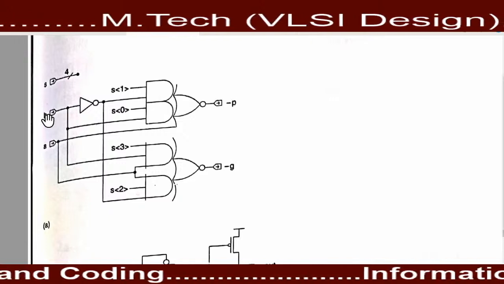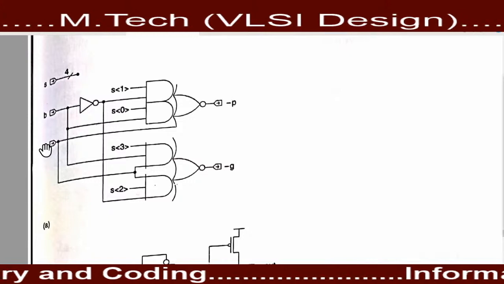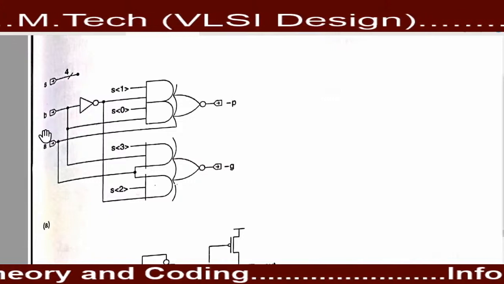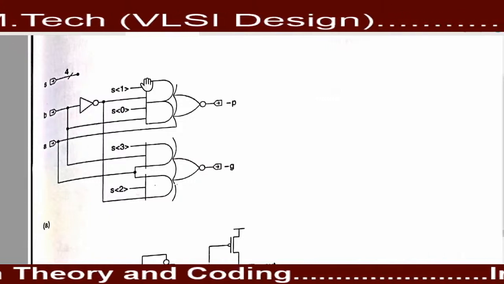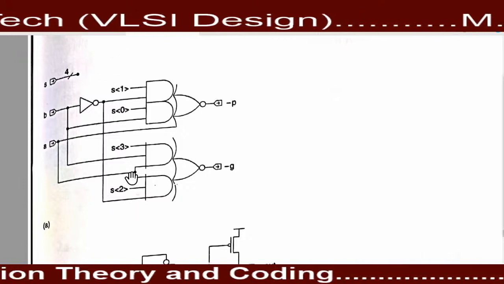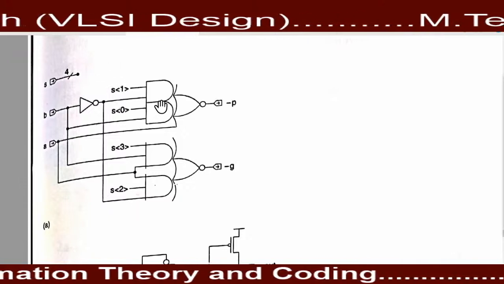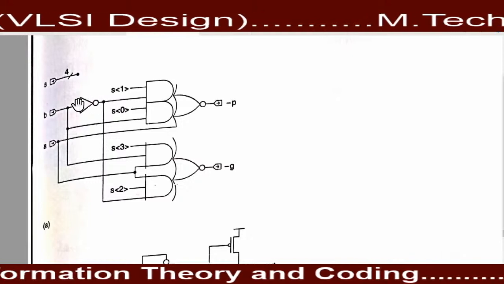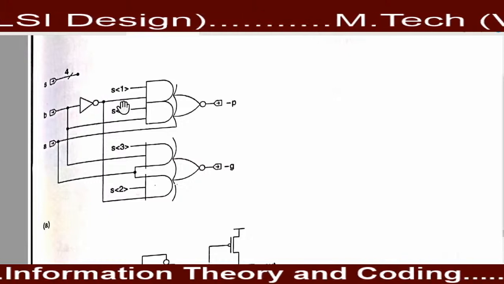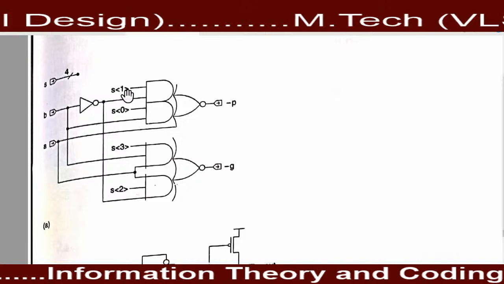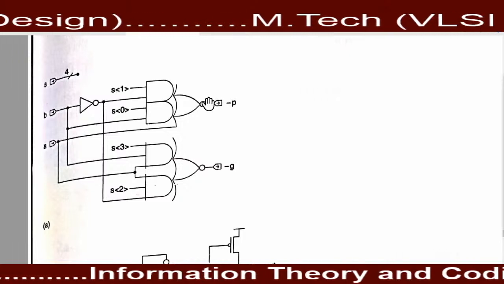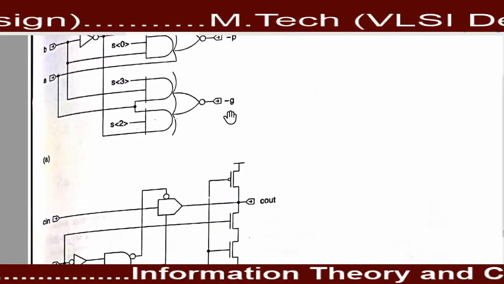So if B is the Boolean operation and A is the arithmetic operation, then by using this type of selection line, we can adjust which type of operation is performed in the circuitry. Accordingly we select the value of the selection lines, and we get the output.